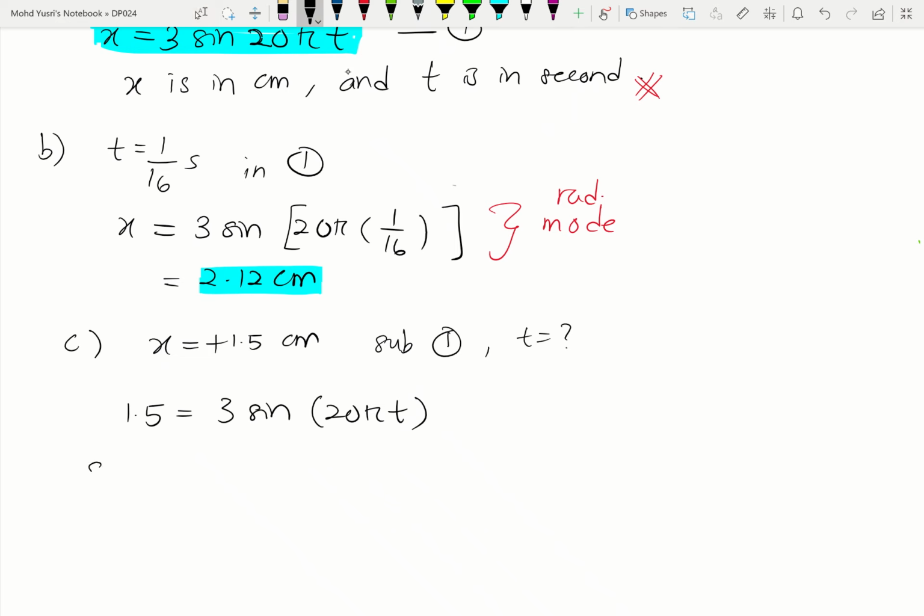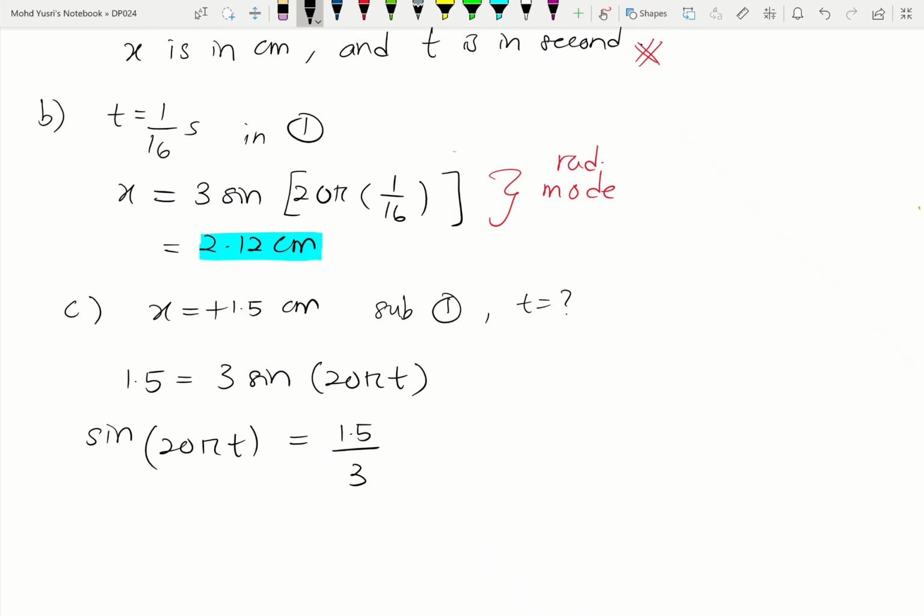So, kalau saya rearrange equation ni, saya akan ada sin 20 pi t. Okay, so 3 bawa pindah sebelah, so 1.5 over 3. Okay, and then sin bawa pindah sebelah, dia akan jadi inverse sine. So 20 pi t is equals to inverse sine of 1.5 over 3.